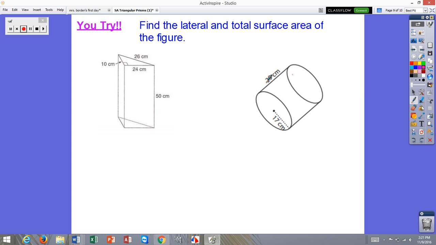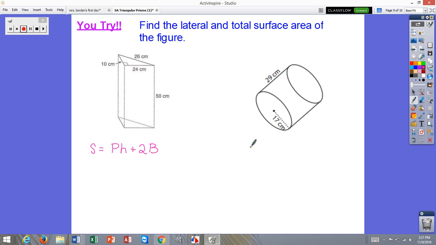Okay guys, you have two examples. I want you to try your best to use those formulas in the video to find the lateral and total surface area of my triangular prism and find the lateral and total surface area of my cylinder. Okay? Remembering that the formula for the prism is surface area equals perimeter times height plus 2 times the area of the base.